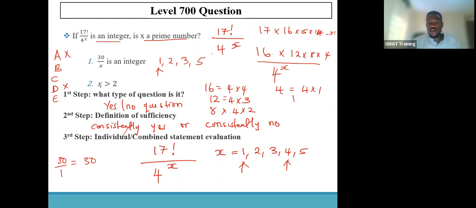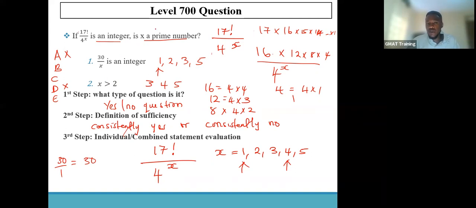Then we look at the second statement, that x is greater than 2. If we choose any of the 5 values that is greater than 2, we would only be picking 3, 4, and 5. Now we ask, are these 3 values prime numbers?